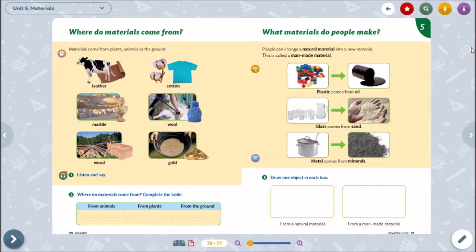We can make plastic, it comes from oil, glass comes from sand, and metal comes from minerals. So these are all man-made materials, while leather, cotton, marble, wool, wood, and gold are things that come from plants, animals, or the ground. So they're not man-made.